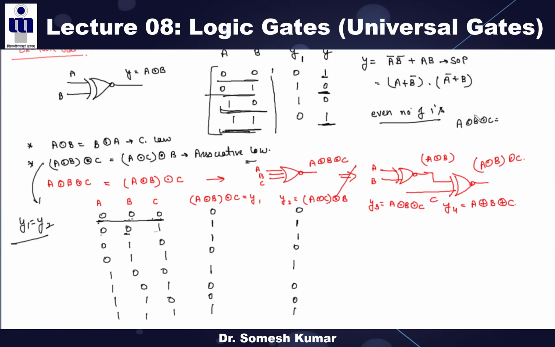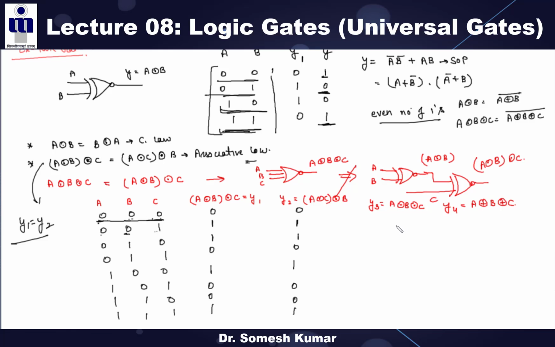You know, XNOR gate is basically XOR plus NOT, means the NOT of your XOR. So this is the meaning of this A XNOR B XNOR C, right? And this is the meaning of this thing, right? Clear?